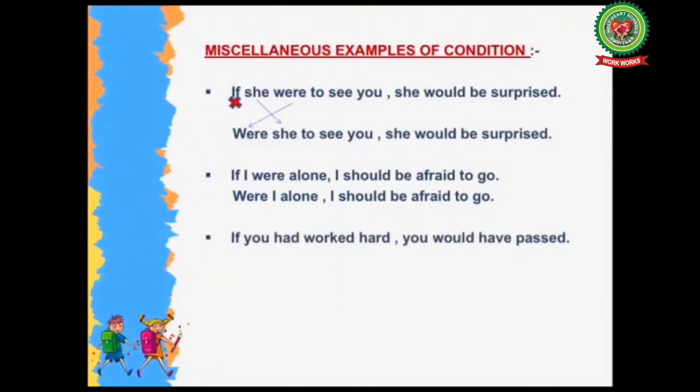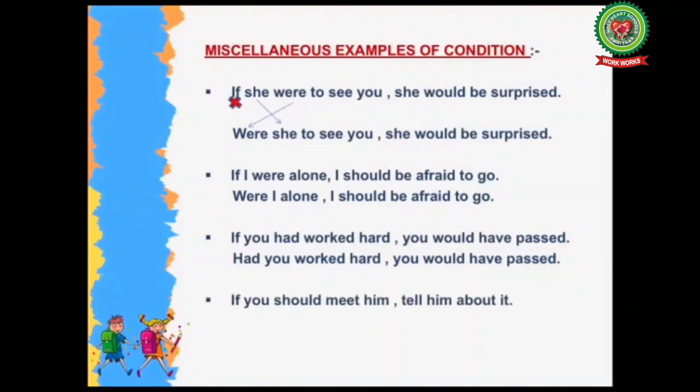The next example: if you had worked hard, you would have passed. Now in the same way, following those two steps, remove "if" and interchange the positions of the subject and the helping verb. And our answer will be: had you worked hard, you would have passed.